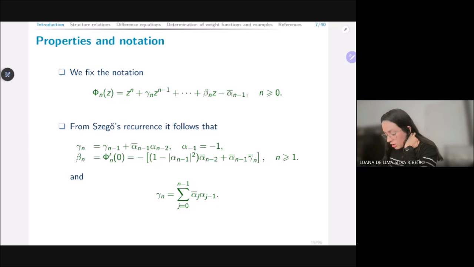So we can also write it, following Szegő's recurrence, in this formula, in terms of the Verblunsky polynomials and this coefficient gamma, but this coefficient gamma can be given in terms of the Verblunsky. So both coefficients can be given in terms of the Verblunsky coefficient.